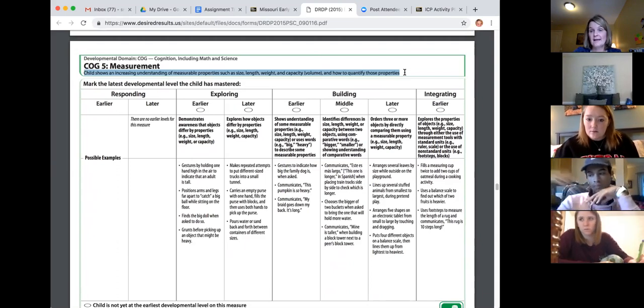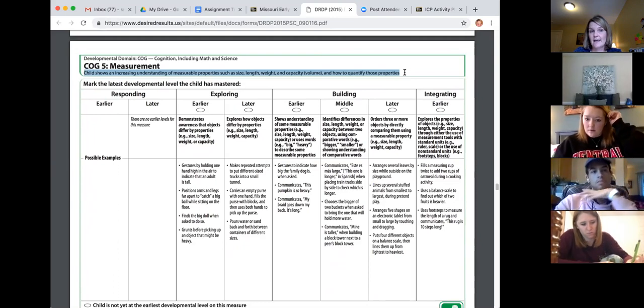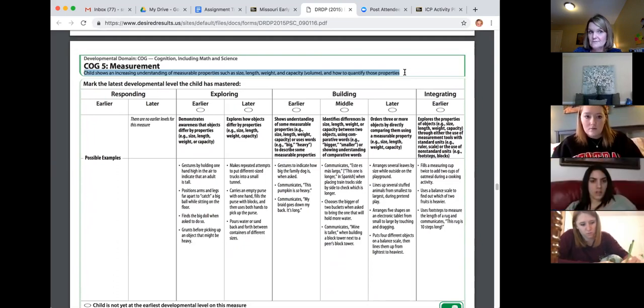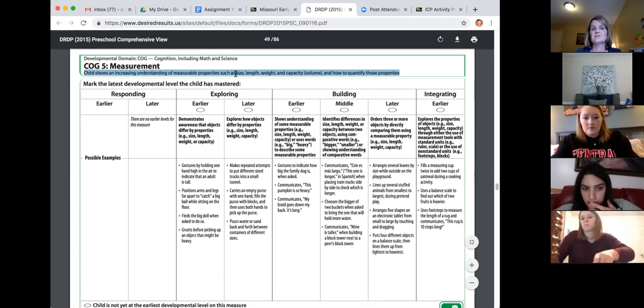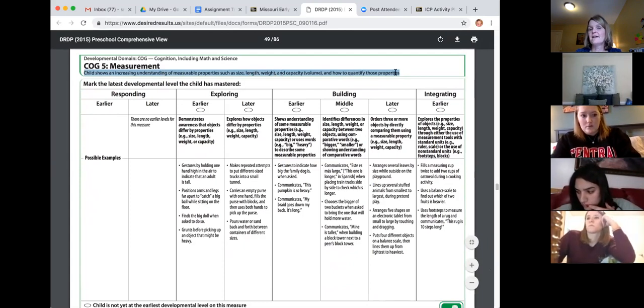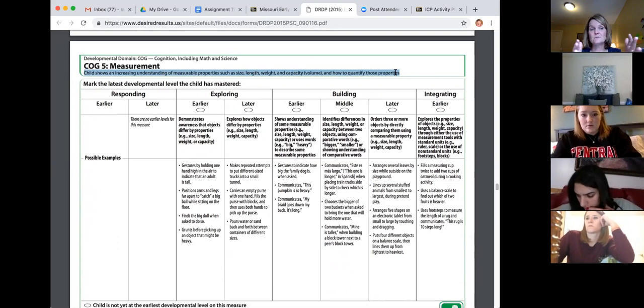So if I were writing my measurement objective, I can say, while children sort their shoes, that's the situation, I can say, children show an increasing understanding of measurable properties such as size, length, etc., to quantify those properties. So you don't have to say all the words because some of these are wordy. You can squish it.